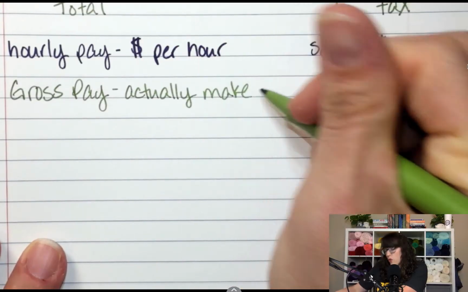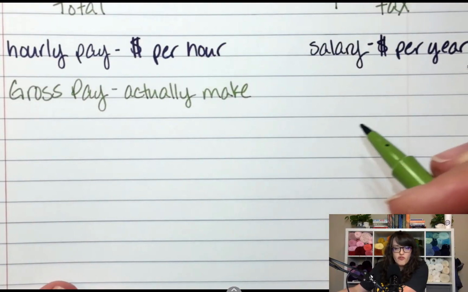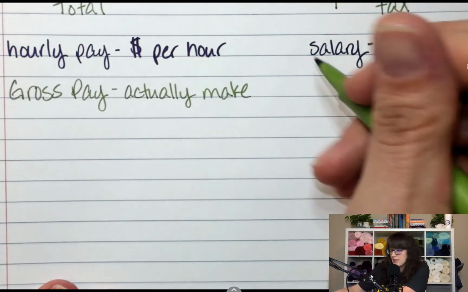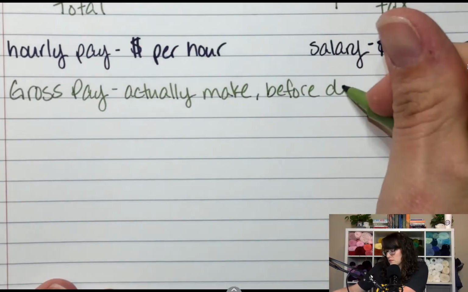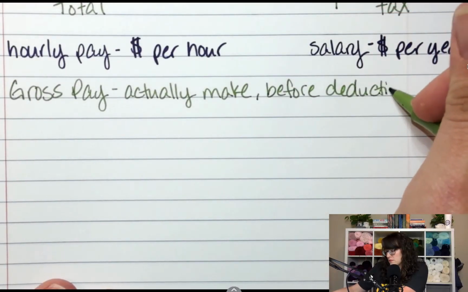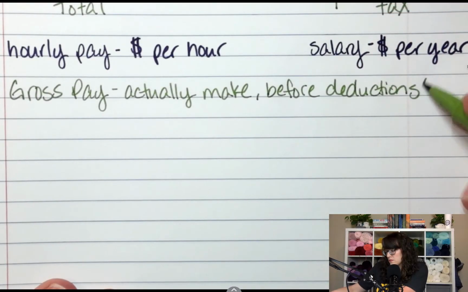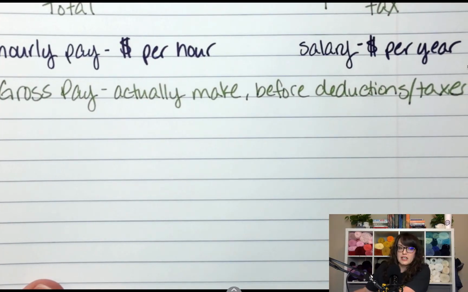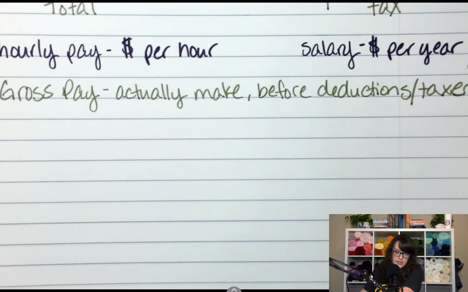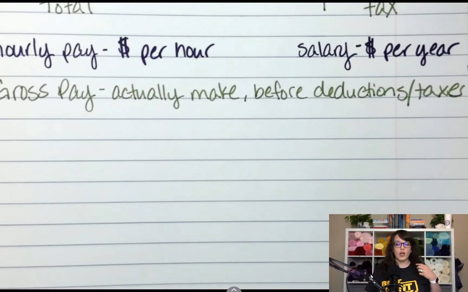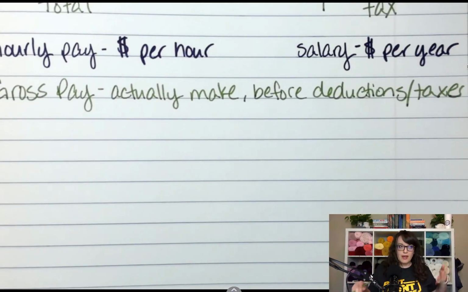This is before deductions, before you have to pay your taxes. So it is before deductions and taxes. Gross pay. Before deductions and taxes. So if you work for 10 hours, gross pay is how much money they would pay you.